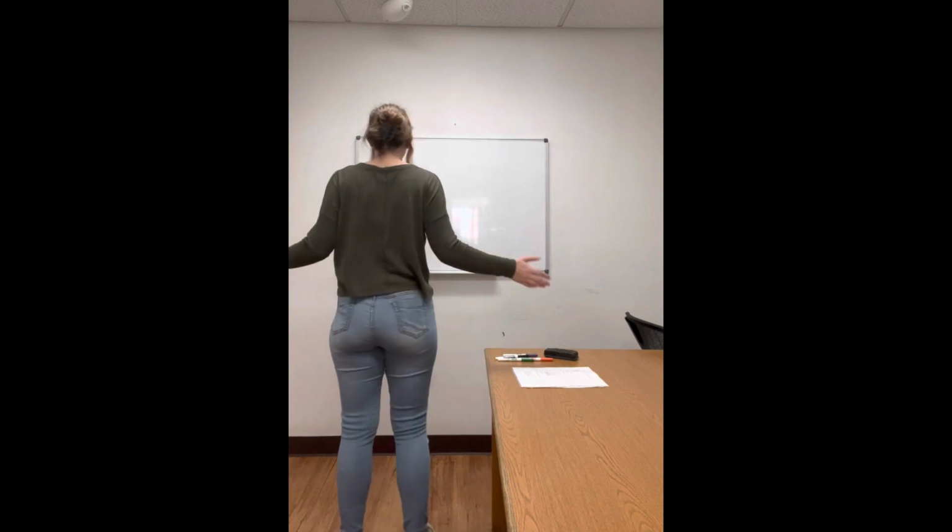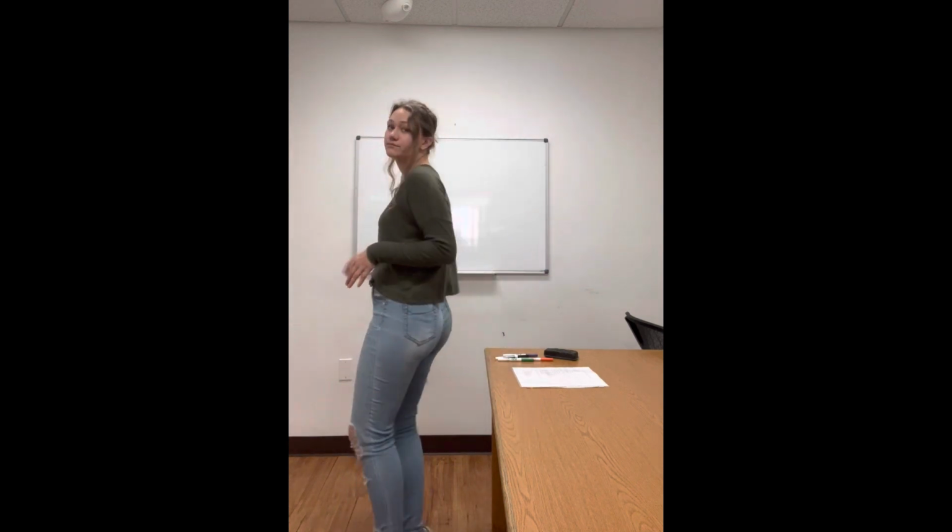Some of the first terms you're going to come to in your class are going to be anterior and posterior. Anterior refers to the front portion of the body. Posterior would refer to the back portion of the body, so my back. You can also use anterior and posterior to reference structures in the body and tell you geographically where they are in the body in comparison to another structure.